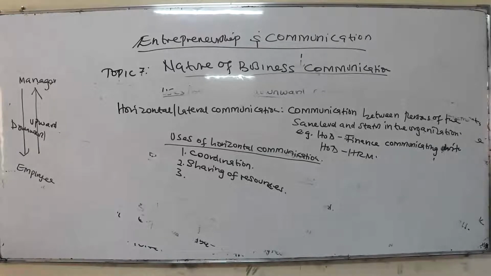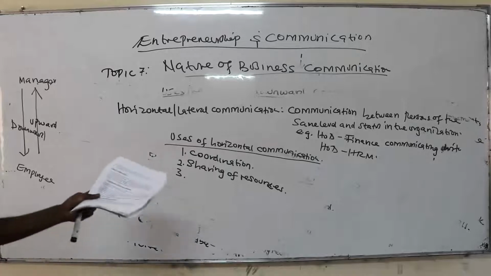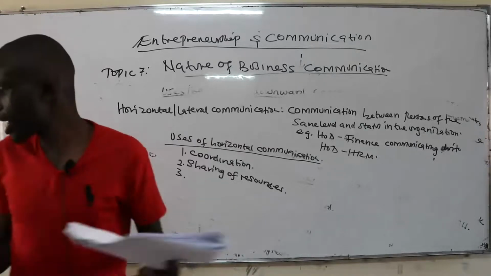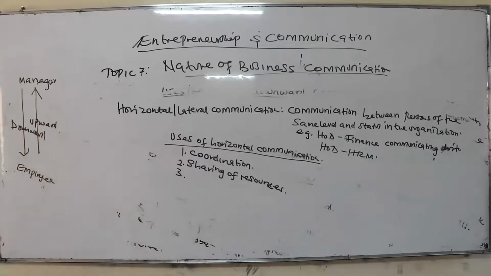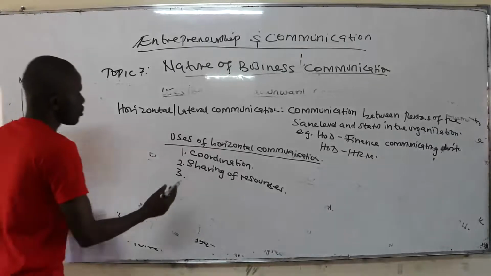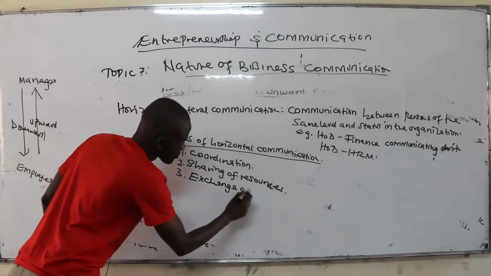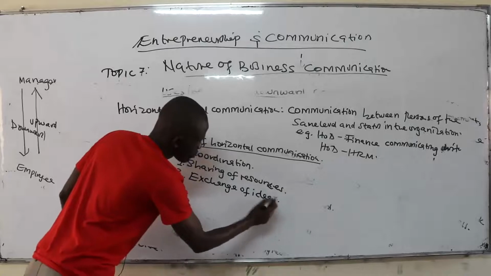One, you said coordination, sharing of resources. Kindly, I'm waiting for your charts. Why do people of the same level in the organization communicate? Number three, from Nasimiu, exchange of ideas.